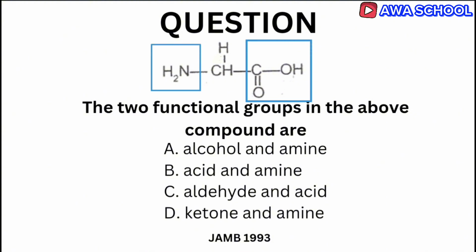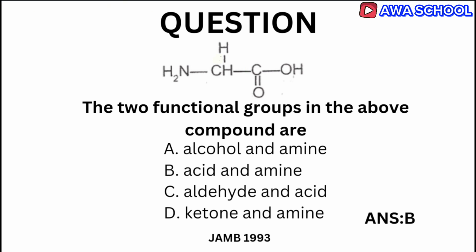This is the functional group for the alkanoic acid. I know you are surprised that you are not seeing alkanoic acid, but you are seeing acid, right? Alkanoic acid is an acid. That is why we call it alkanoic acid. It is an acid. So the functional group for the acid is COOH. So the functional group for the amine is NH2. So our answer here is option B.